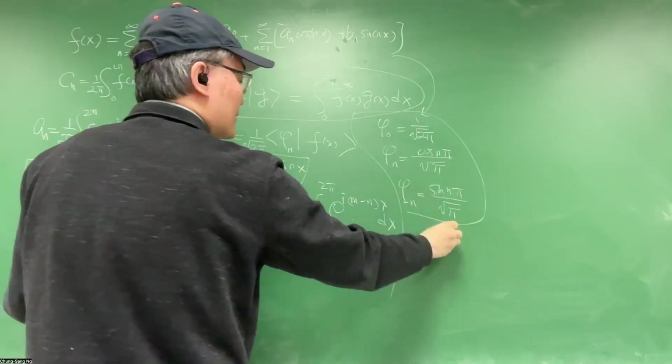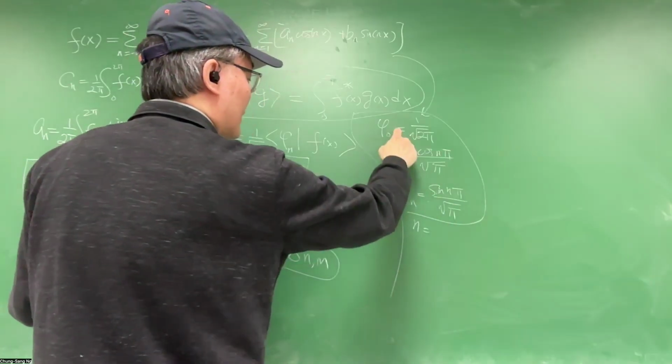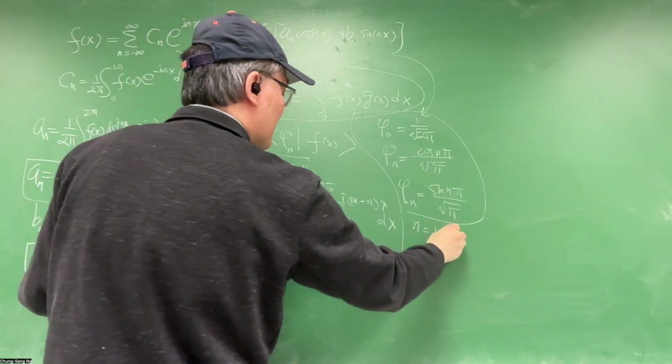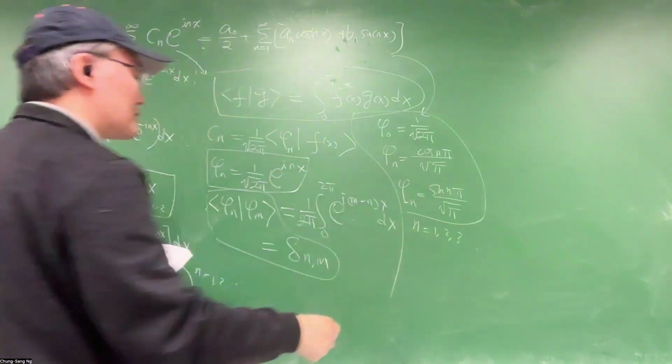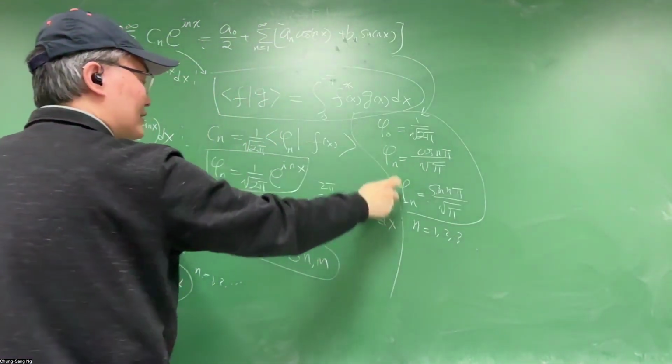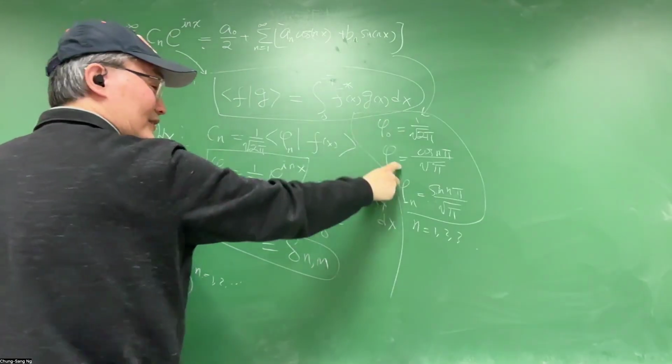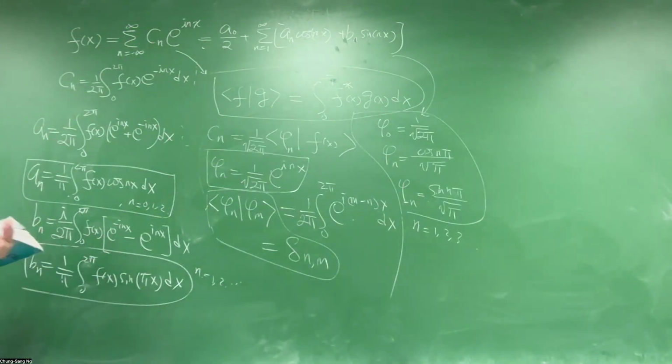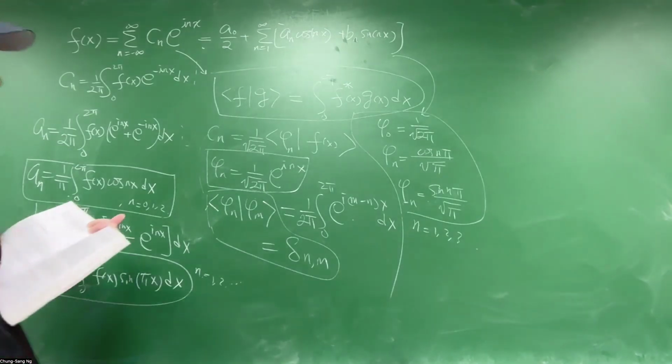Here, n other than 0 is n. You just separate the cosine and sine using positive index and negative index, so you can run through all your integers this way. It doesn't have to be this way.